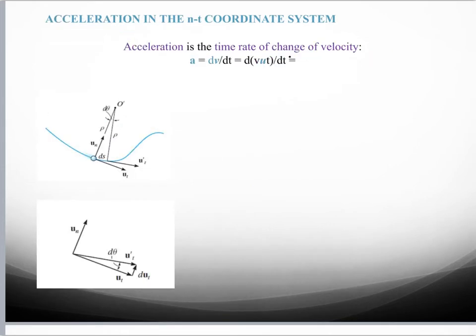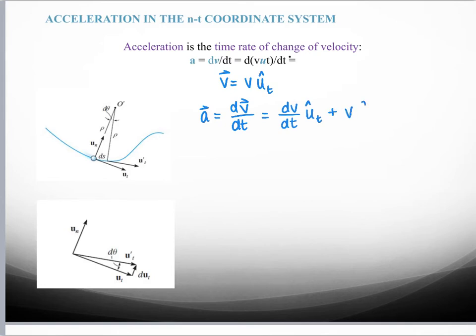Now, this is where things get tricky, and we've done this before, but I'm going to show you again because we're going to use this quite a few times. So if our velocity vector is written as the speed times the tangential unit vector, when we find the acceleration, we're finding the derivative of that velocity vector with respect to time, which actually means that we have to use the product rule. So one component of the acceleration is tangent to the path and is due to the changing speed.